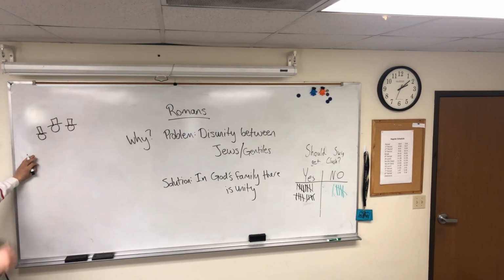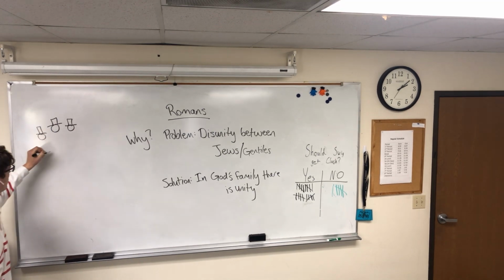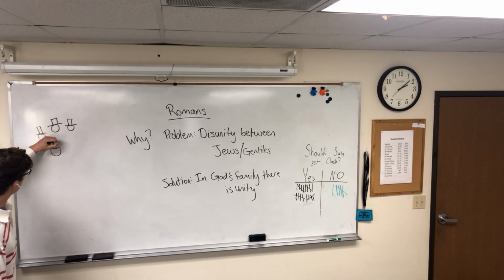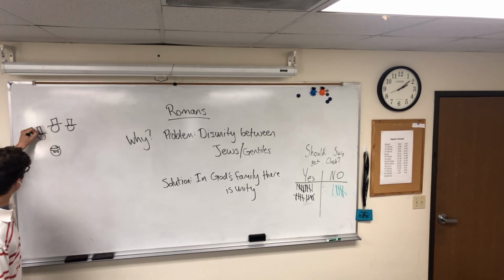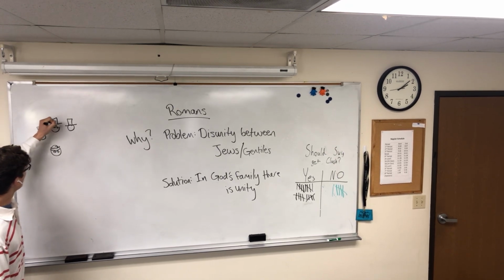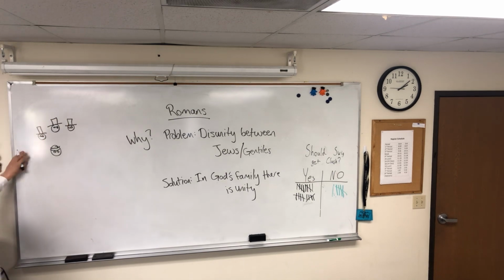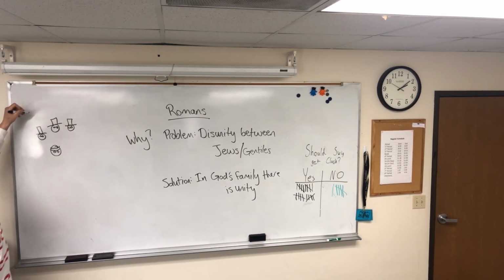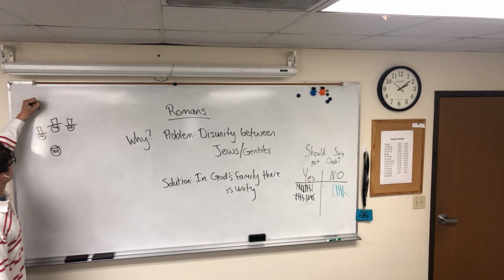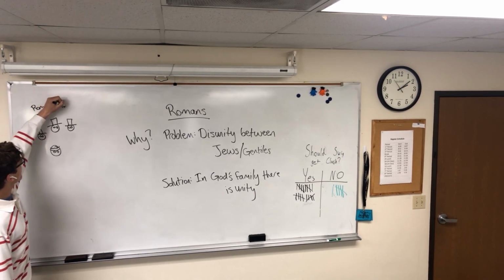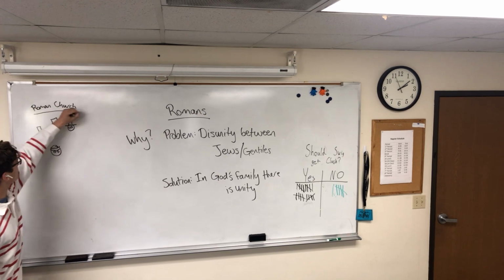And then there would be a few Gentiles, and for Gentiles, we'll put like a little headband. I don't know why it's a headband, but Gentiles, I guess, wear headbands. And so there would be a majority of Jews in the Roman Church, and it'd be a minority of Gentiles.